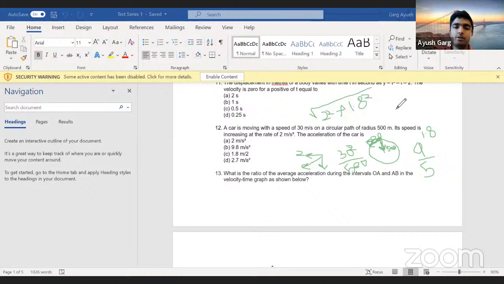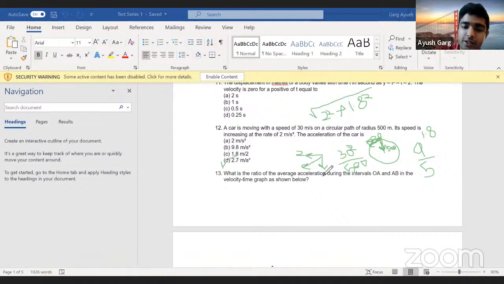Okay, so once you calculate this, it's basically under root of 4 plus 1.8 square, so it's going to come out roughly equal to 2.7. Coming out as 2.69 or something.